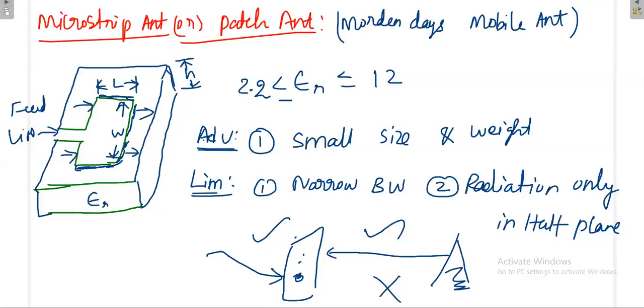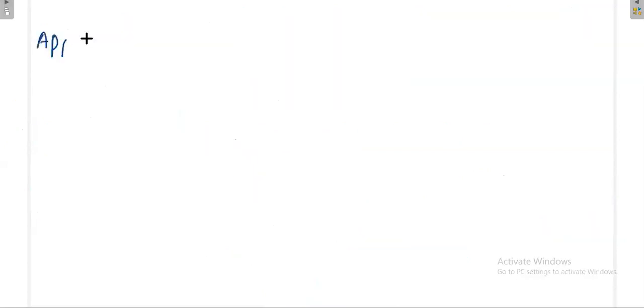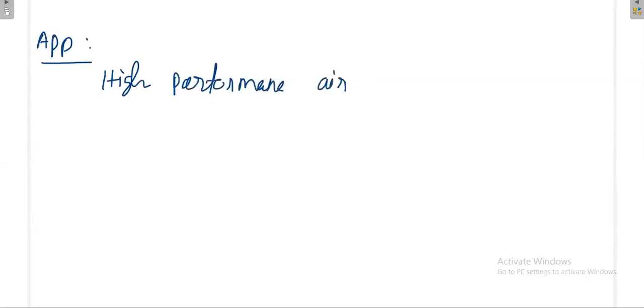Then what is the other application? It is used in high performance aircraft. Why do they use this in aircraft, airplanes, helicopters? You cannot use other antennas there because of stability.